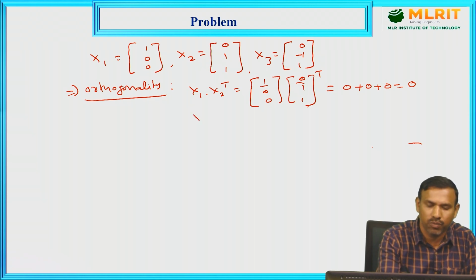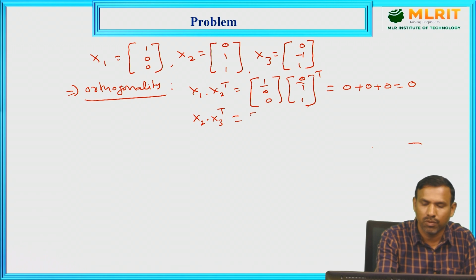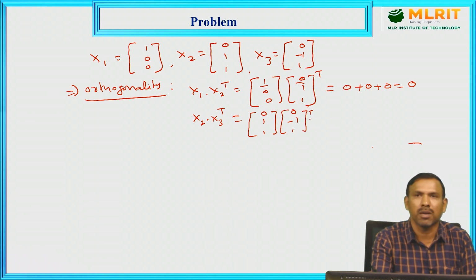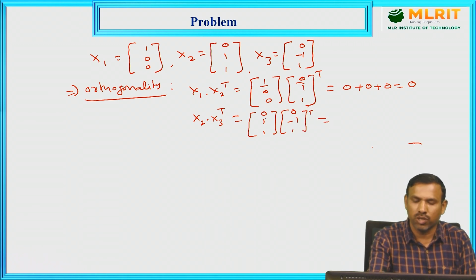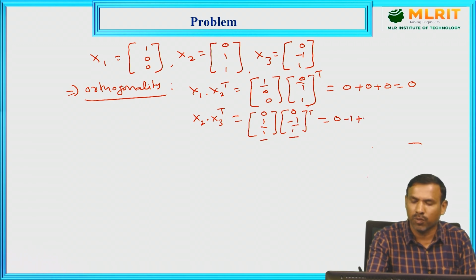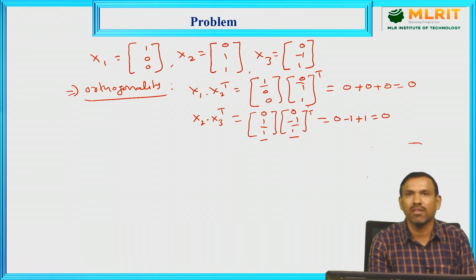Similarly, we find the other two: x2 dot x3 transpose. x2 is (0, 1, 1) and x3 transpose is (0, -1, 1). Multiplying: 0 into 0 is 0, 1 into -1 is -1, 1 into 1 is 1, and the sum of these 3 is 0.